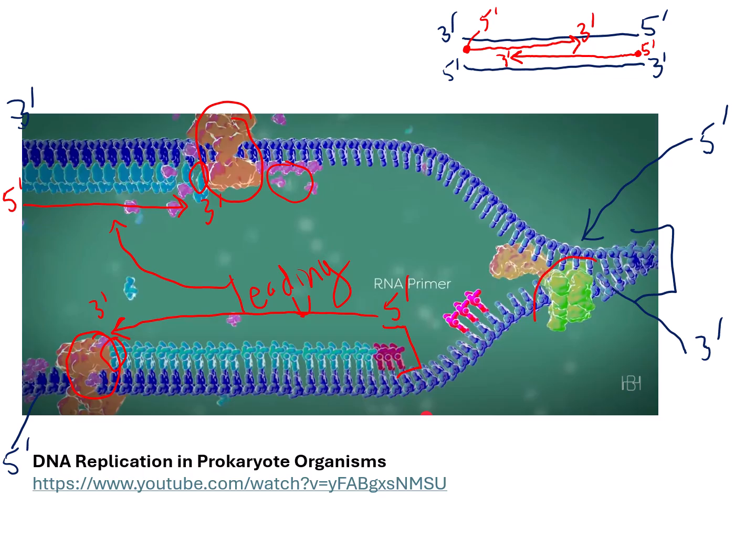But as DNA helicase continues to unwind the DNA double-stranded helix, there are new single-stranded DNA molecules here. And I know that I can't just attach DNA nucleotides going in this direction, right? You can't add to the 5' end, you can only add to the 3' end.